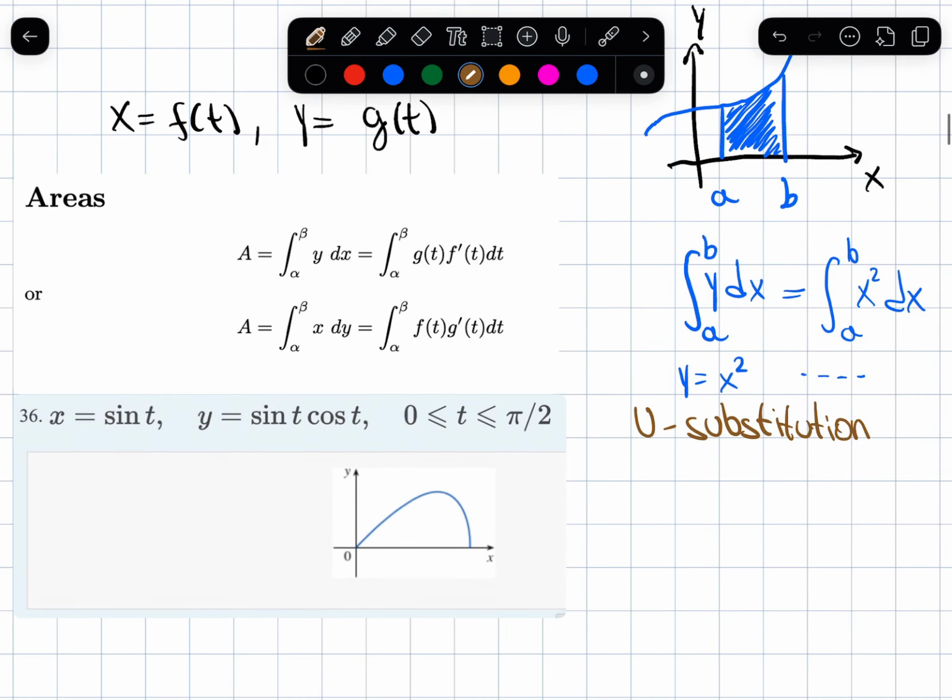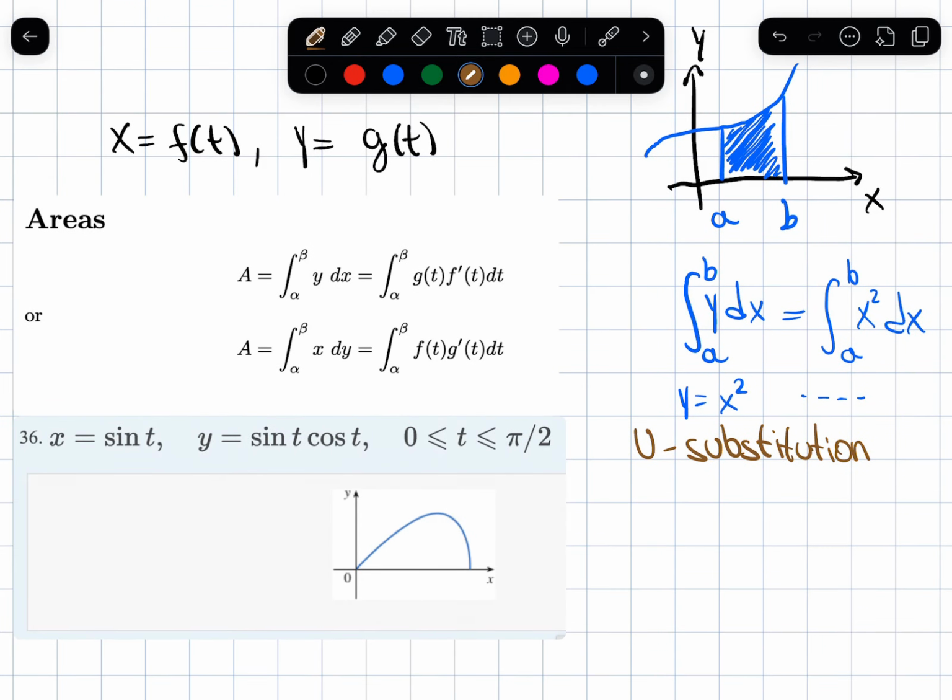To make a substitution, if you know, again, y is your g of t and x is your f of t, that will make dx equal to f prime of t dt.